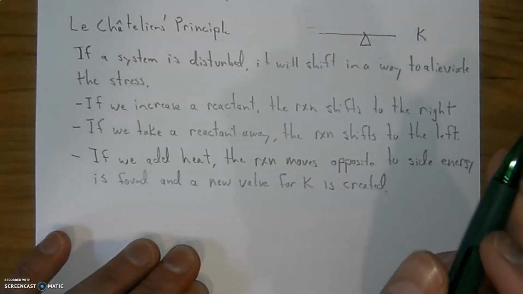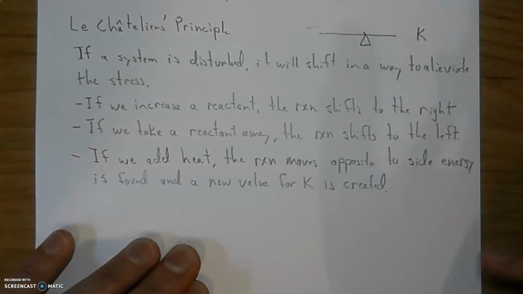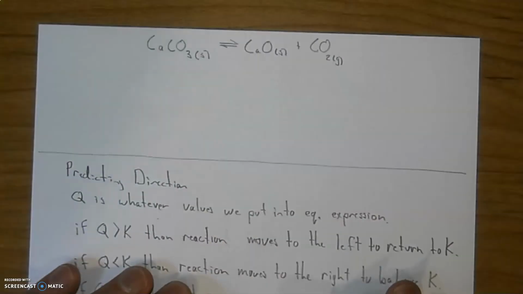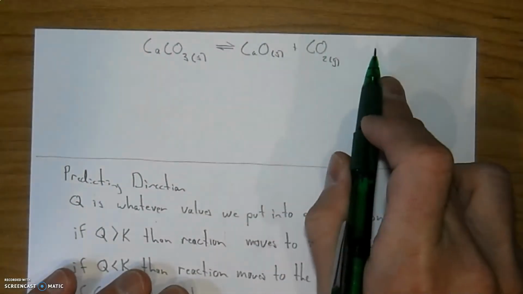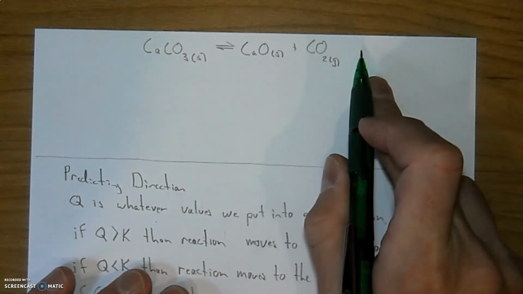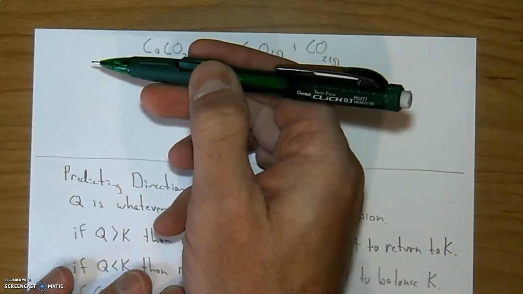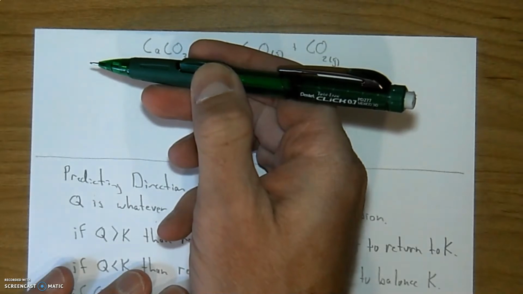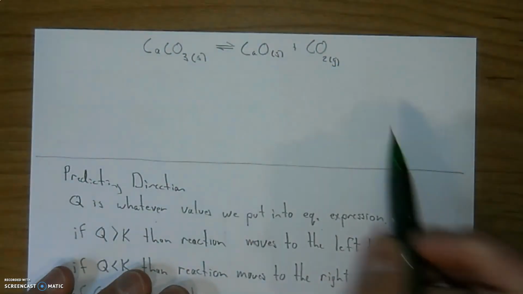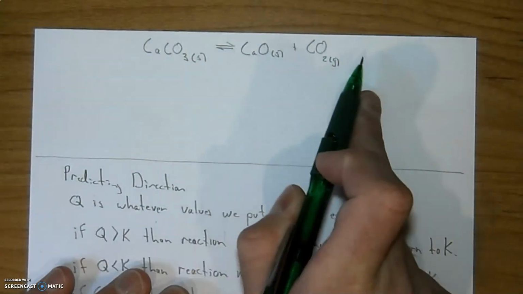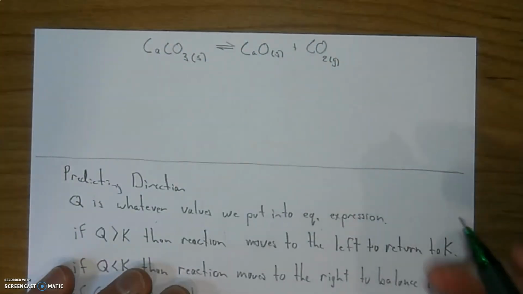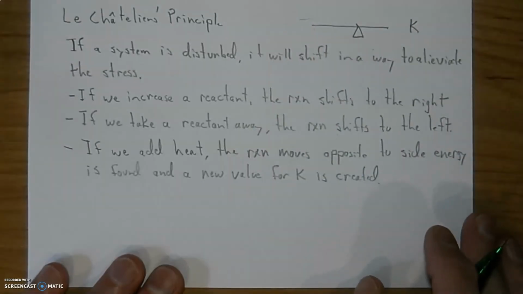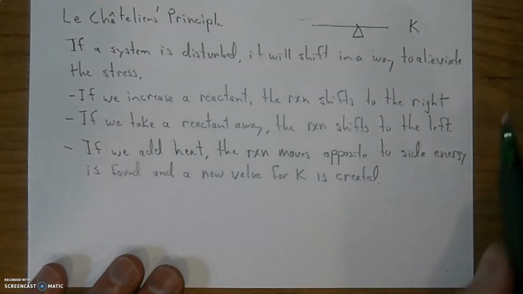If you add energy, treat it like anything else in the equation. So for example, if energy was written over here and I added energy, I heated it up, it would shift to the left to rebalance. Treat it just like a thing in the equation. So write the word energy in, or a very specific value. All right, we're running over on time, so I'm going to stop here and we'll continue this in the next lecture.